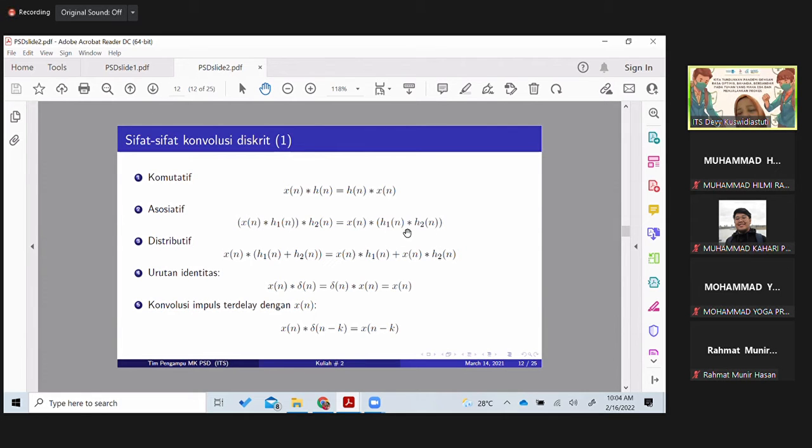Then the result of this convolution is the resulting system, or the equivalent system. This is x[n].